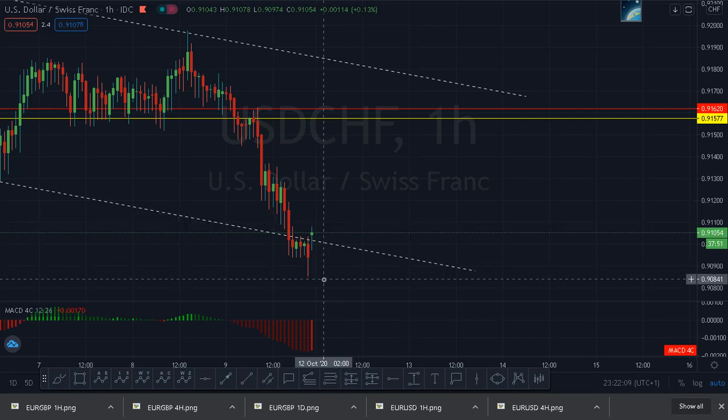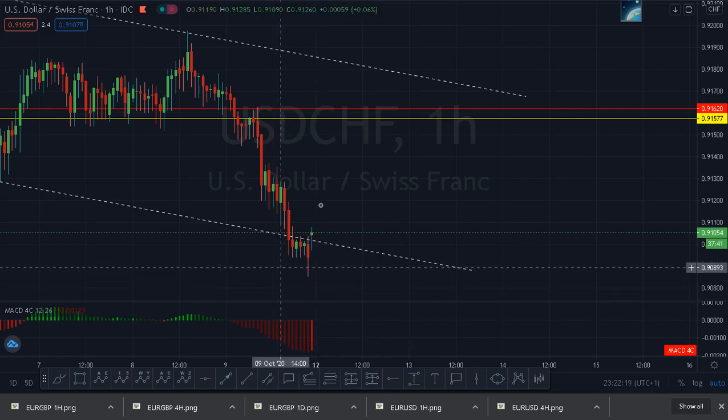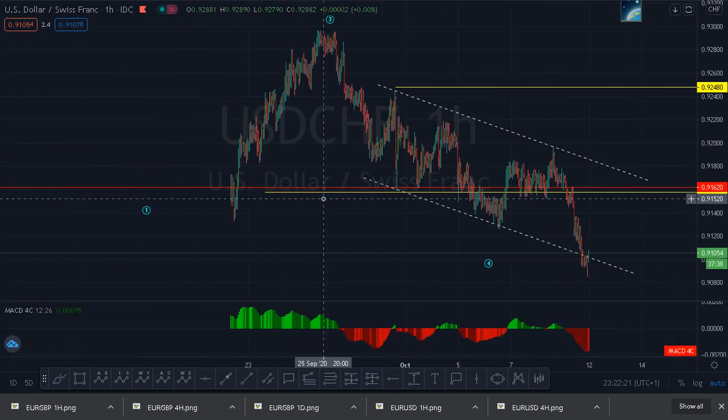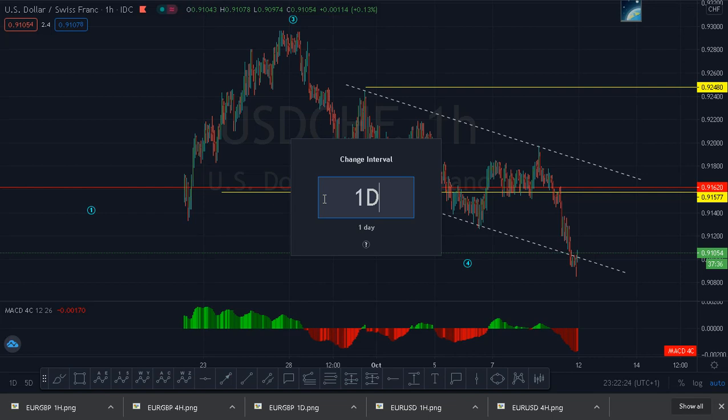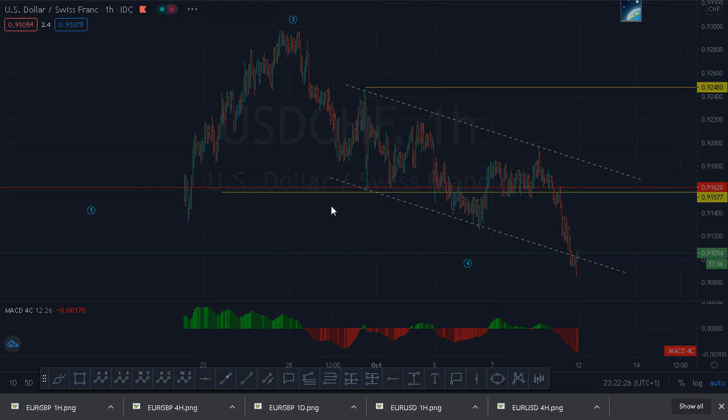So you can buy and put a stop loss here. But as I said, I didn't analyze it. It was one on my list of the market analysis. I just came across it. But I think buying can make sense if this candle continues to go up.